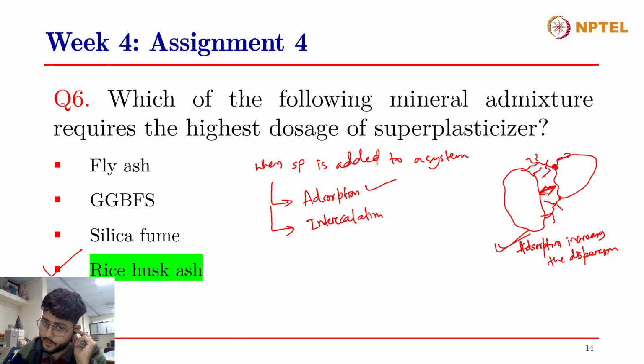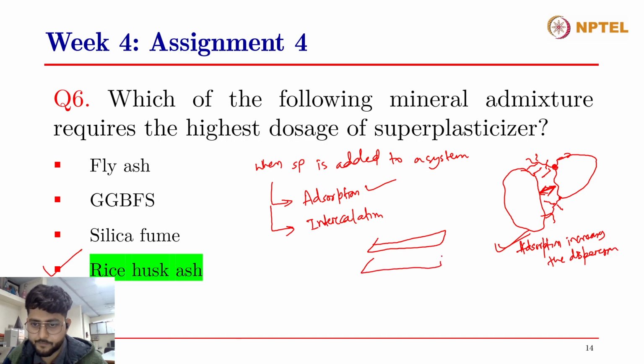But there is another effect that goes on when we add superplasticizer to the system, that is intercalation. Intercalation is what? Let us say we have certain layers of these particles. A solid particle has a layered structure, and this layered network of sheets causes the superplasticizer to get trapped in between, right?